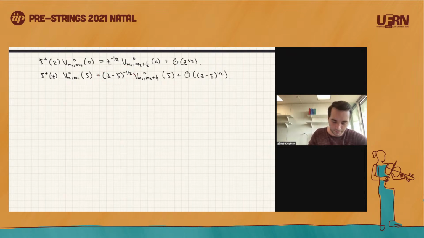So for the psi plus term, I believe, you'll end up with something that looks like this. So it's going to be z minus zeta, but now to the minus w plus 1 over 2. And then the same structure here.